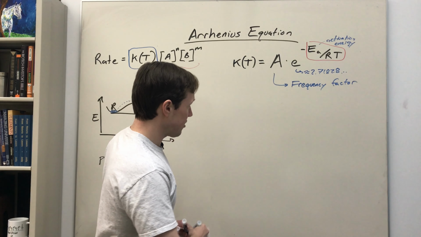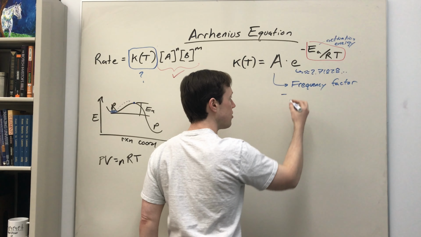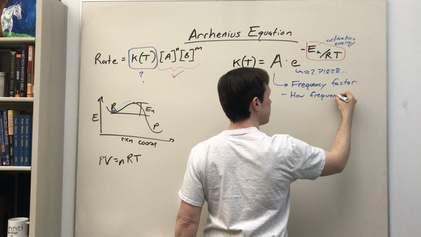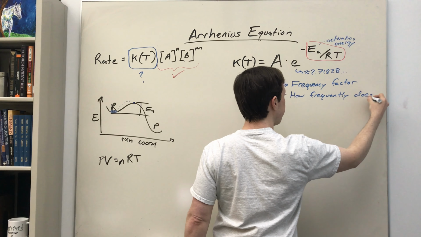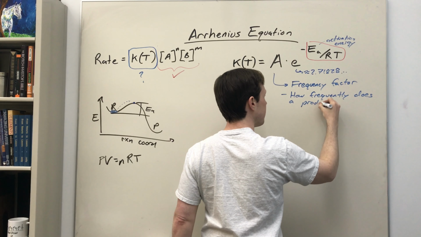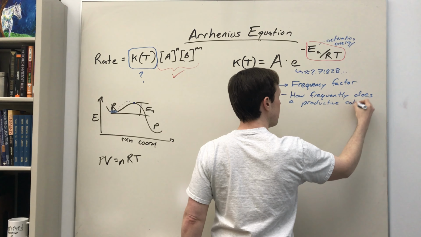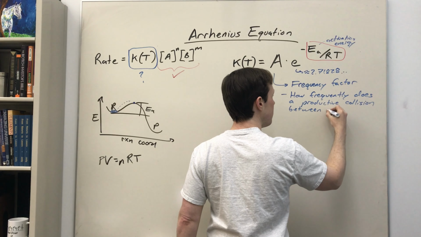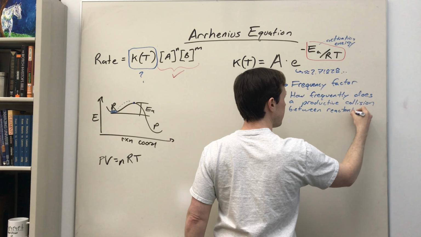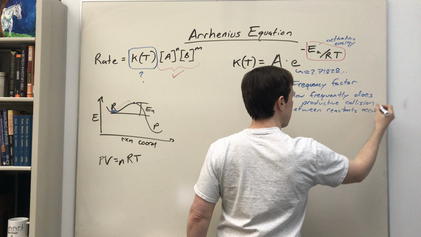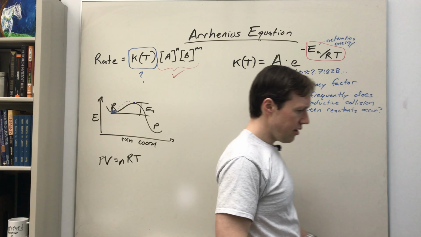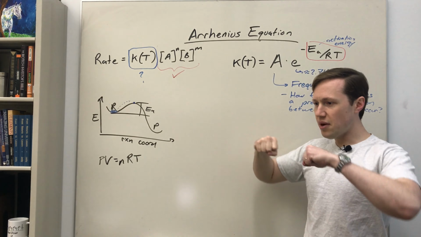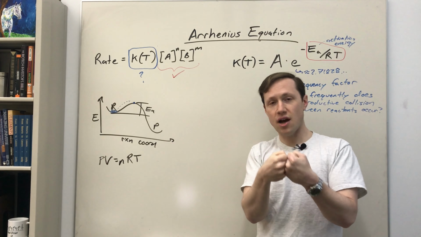And that frequency factor is basically answering the question, how frequently does a productive collision between reactants occur? If you think about two reactants reacting together, they might need to approach each other at some particular geometry.